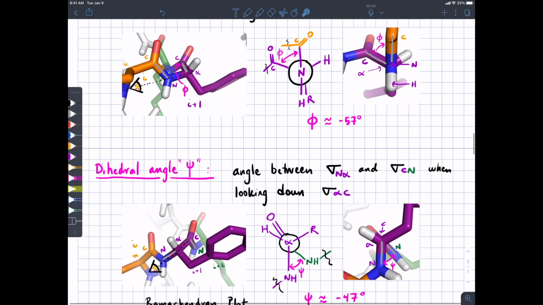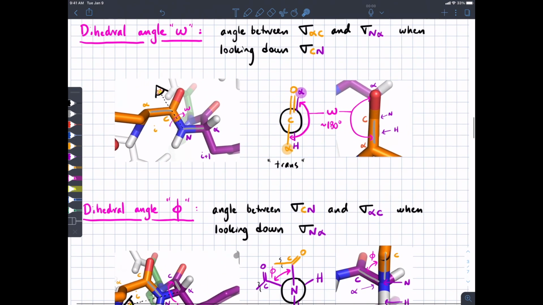So people that are interested in understanding protein structure often measure these dihedral angles for each amino acid in the structure, and then they plot them in an interesting way. I told you that the omega angle generally is 180 or 0, so people aren't that interested in the omega angle.